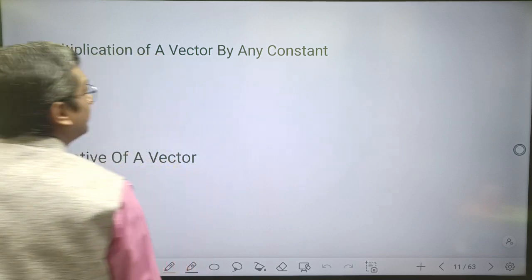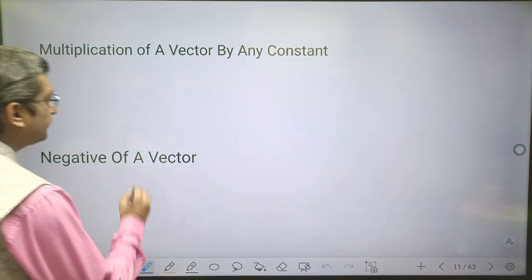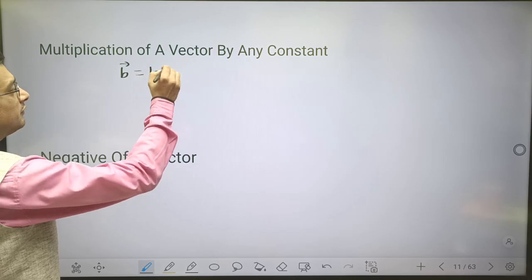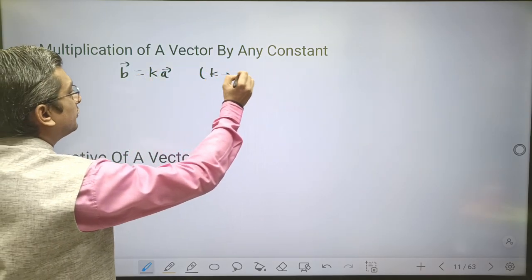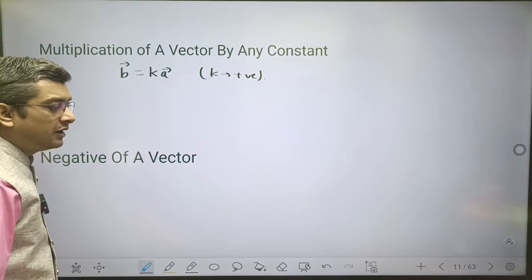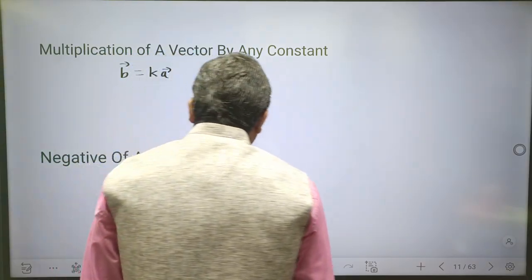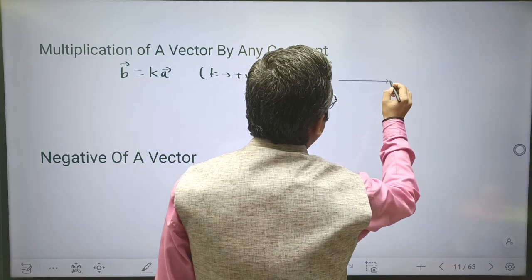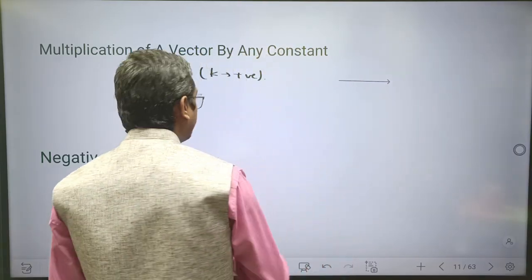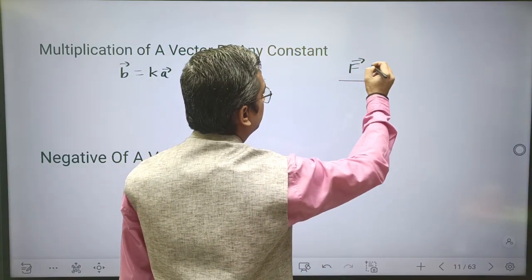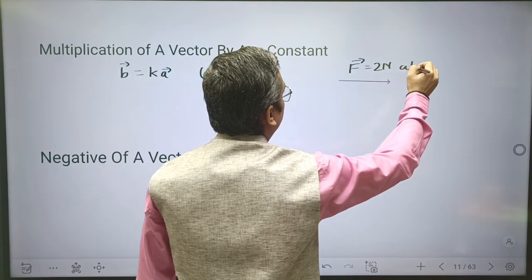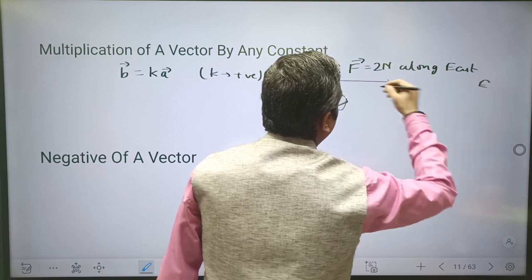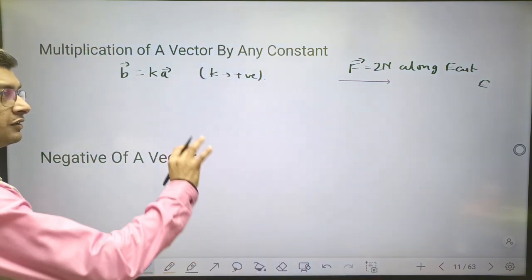Next is multiplication of a vector by a constant. Suppose there is a vector A and I write B is equal to K times A vector, where K has a positive value. For example, let us represent a force. Suppose the force is 2 Newton along east, so the F vector is like this one.